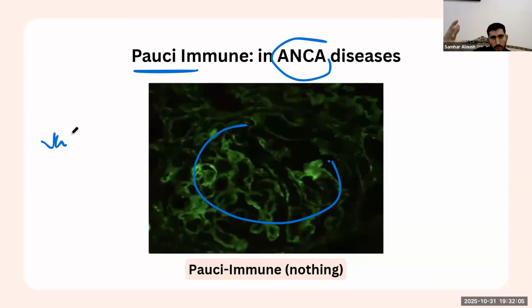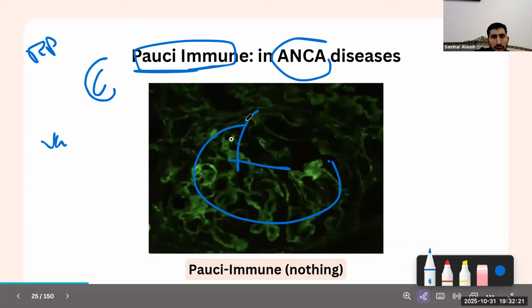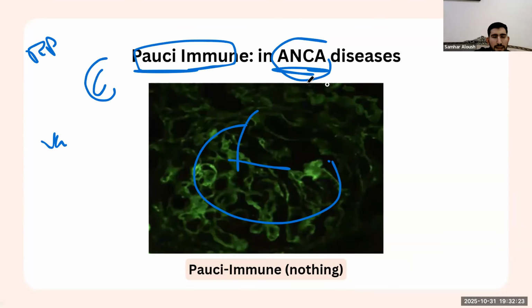So I don't want to go deeply into these, but the last type of rapidly progressive glomerulonephritis, the one that causes end-stage renal disease and crescent formation, is the pauci-immune. There are no immune complexes here, so it doesn't show anything on the immunofluorescence, and it's mainly the ANCA diseases. You know, P-ANCA, C-ANCA, Wegener disease, and so on. So these are the three types of RPGN.